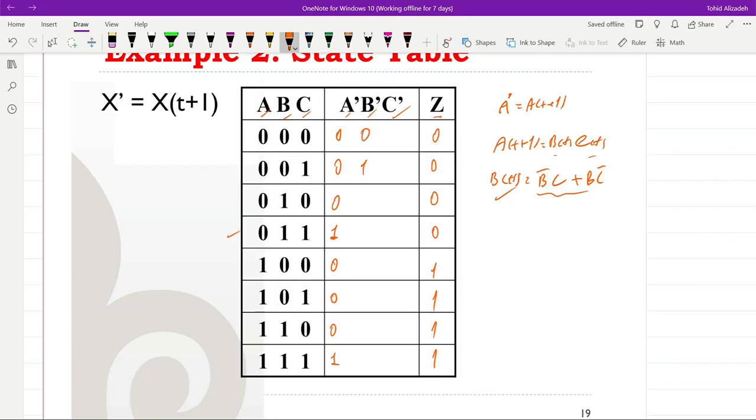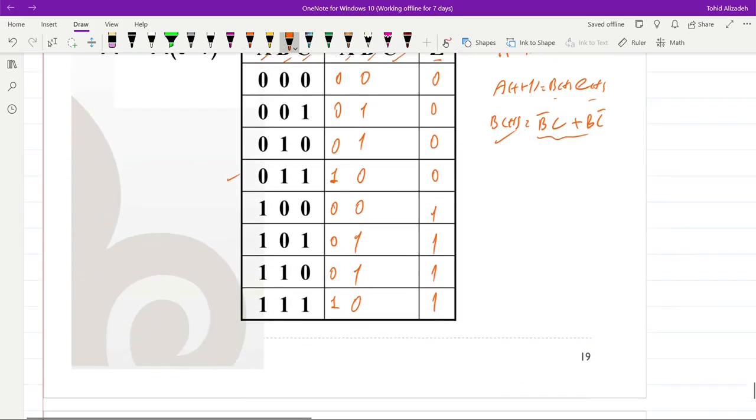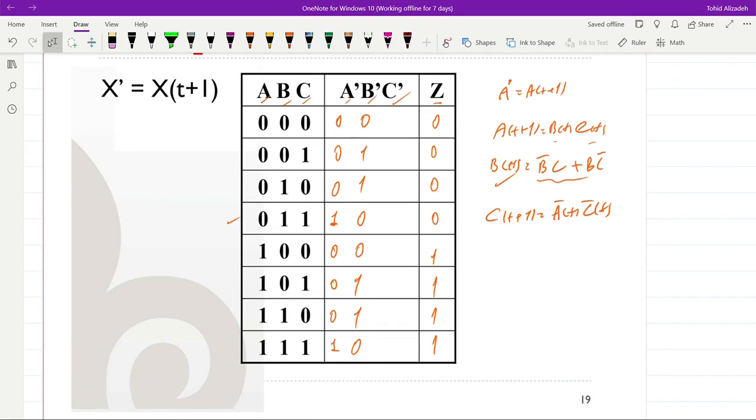So we will have 0, 1, 1, 0, 0, 1, 1, 0. And finally, for C, we have C at t plus 1 equal to not A and not C. When both A and C are equal to 0, C will be equal to 1. Otherwise, it will be equal to 0. So here we have 1, 1, and then for the rest, it will be equal to 0.